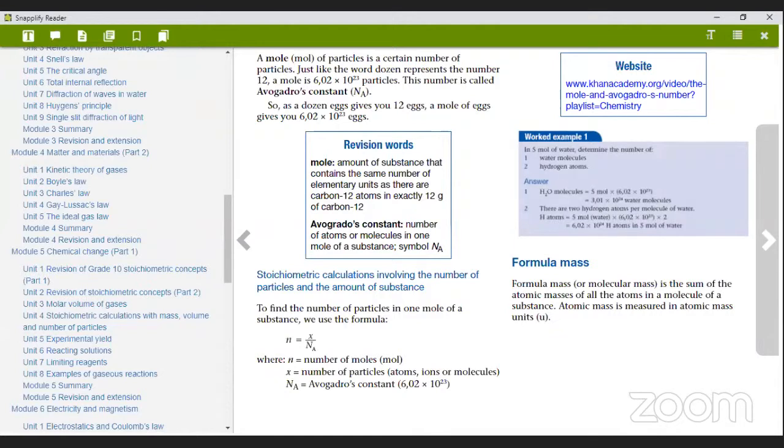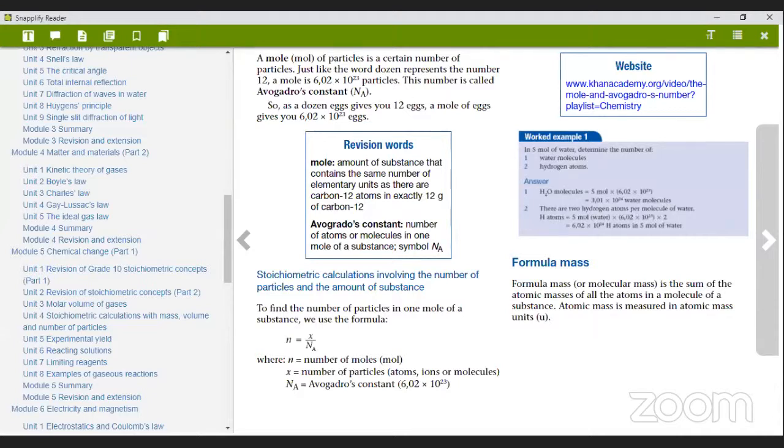So a worked example we can find there: in 5 mole of water, determine number 1, the number of water molecules, and number 2, the hydrogen atoms. I like this example specifically because it shows 2 things that are happening in one problem.